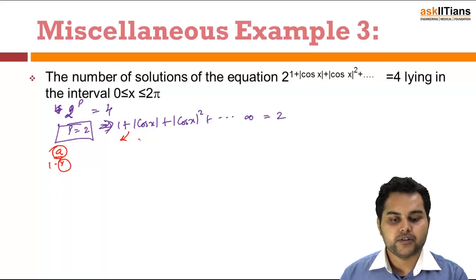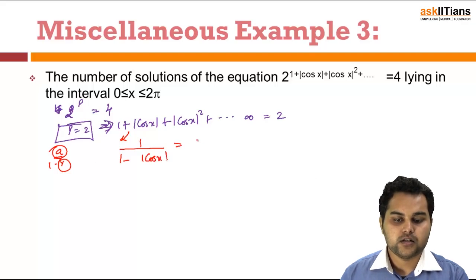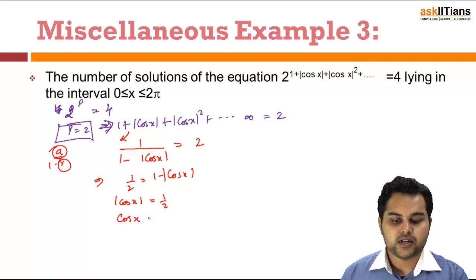So here I have the first term as 1 over 1 minus, and the common ratio is mod of cos x. So I'll write it as mod of cos x, and equate it to 2, I would get 1 by 2 is equal to 1 minus mod of cos x, or mod of cos x would be equal to 1 by 2, which would give me cos x as plus minus 1 by 2.